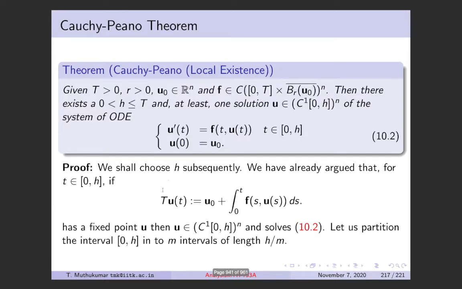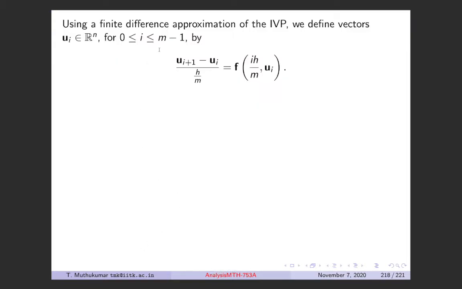When I divide 0 comma h into m intervals, the first interval is 0 comma h over m, the next interval is h over m comma 2h over m, and then 2h over m comma 3h over m, right? That is how we get the intervals. So the left-hand endpoints are i h over m, where i runs from 0 to m minus 1.